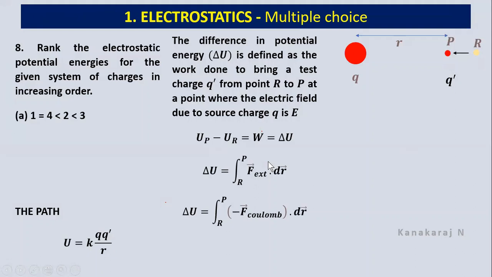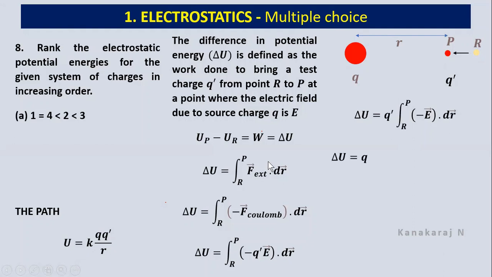Now we will replace the Coulomb force as Q prime into E vector. What is E vector? The electric field intensity at a point due to a point charge.